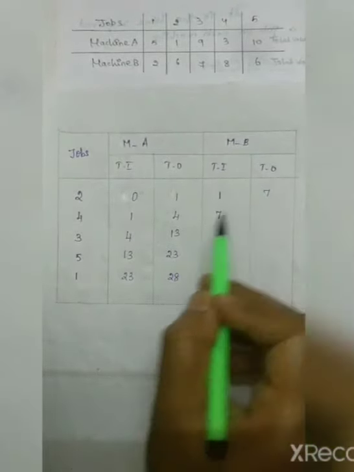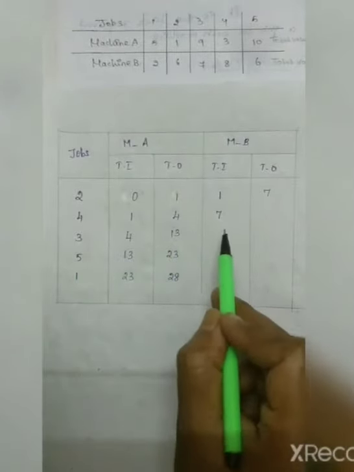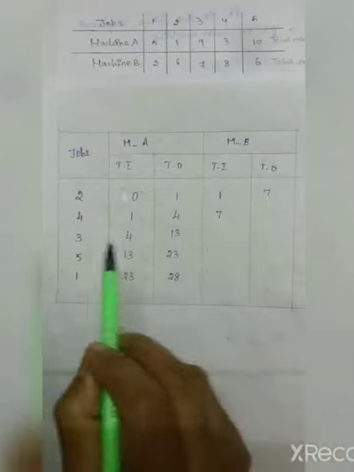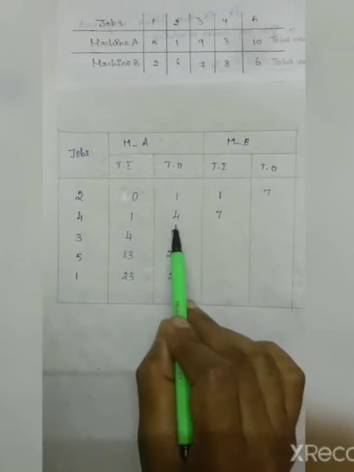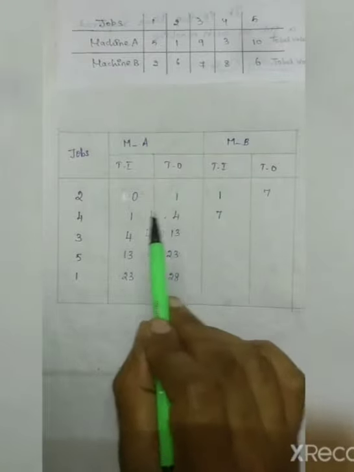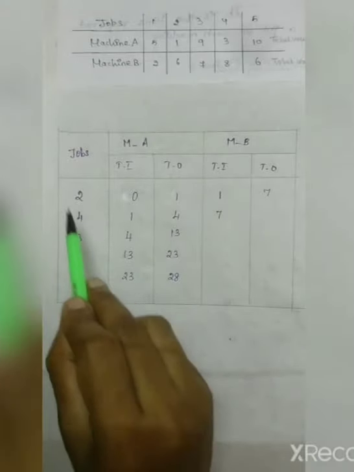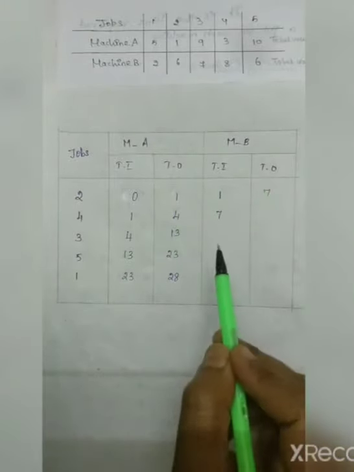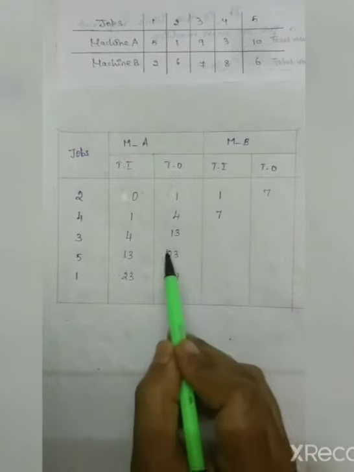Suppose here 7, here 9, means the time in for the fourth job is 9 only, because the fourth job is finished up to 4 hours. Here the same fourth job will appear only after finishing job 2 in machine B. So you have to come with the maximum number.